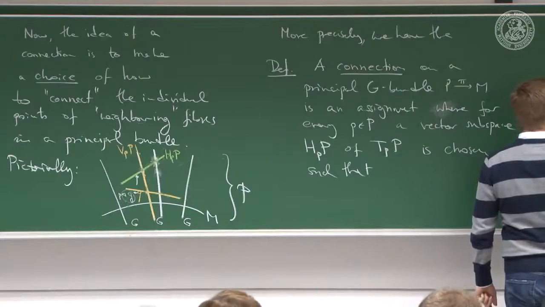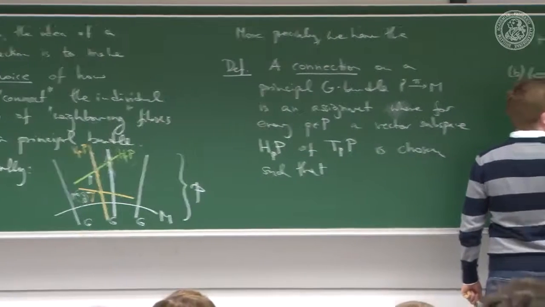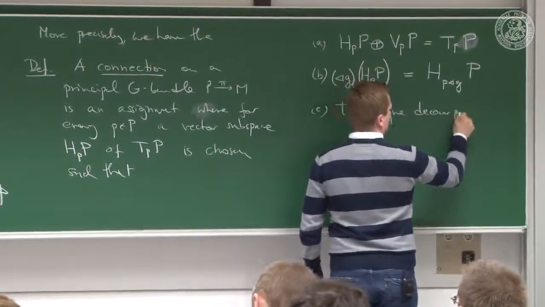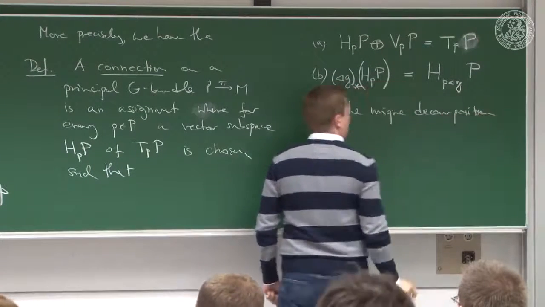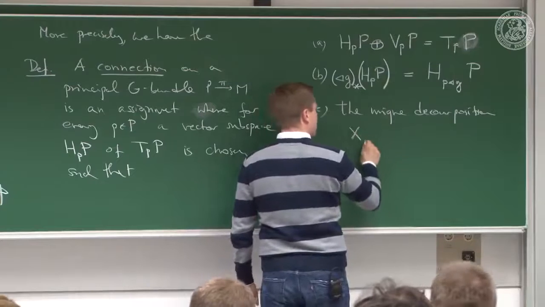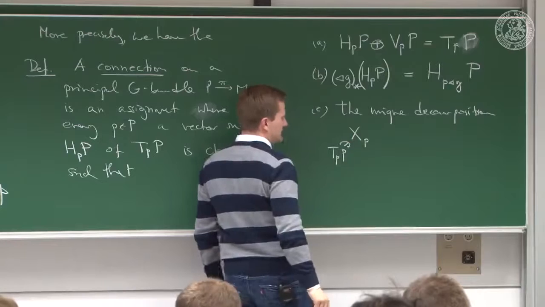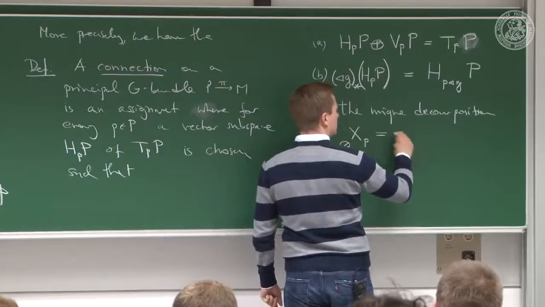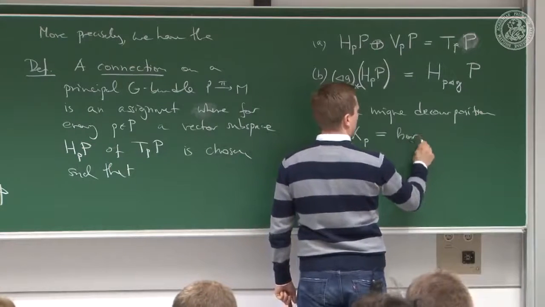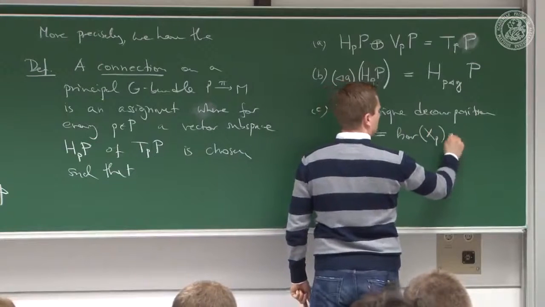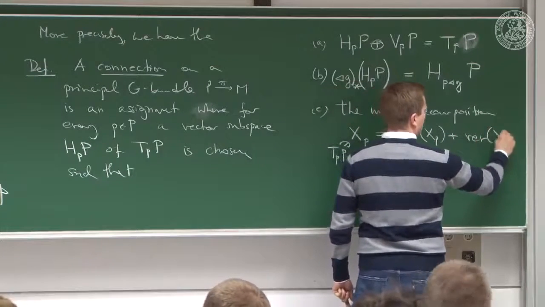the unique decomposition which decomposes every vector that lies in the tangent bundle, in the tangent space at some point, decomposes this into a so-called horizontal part plus a vertical part.